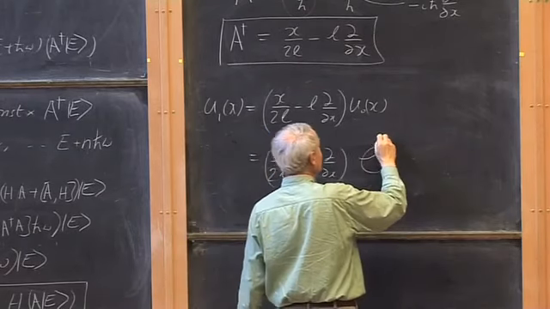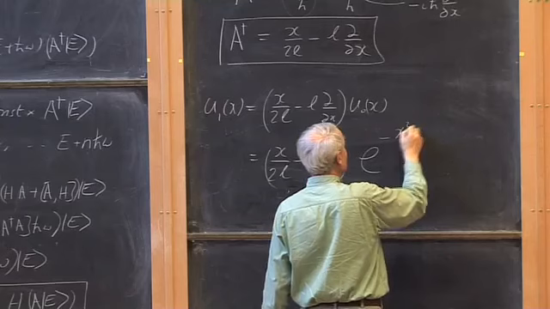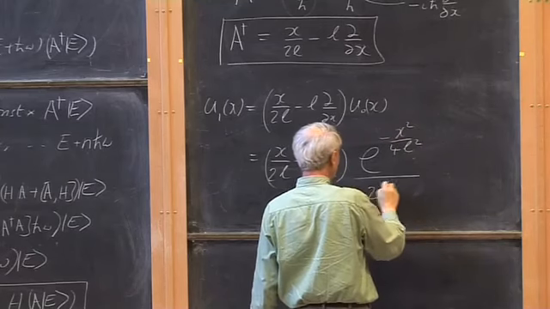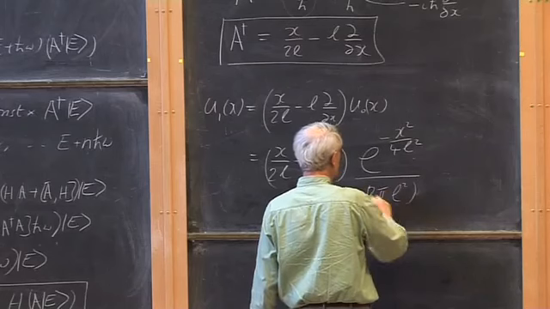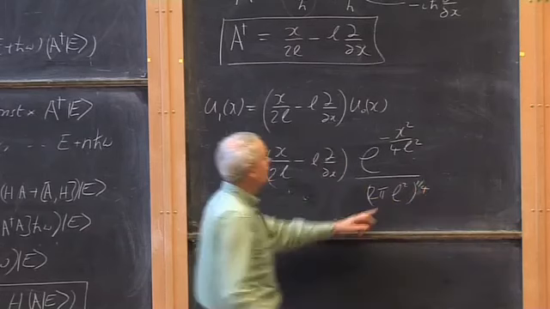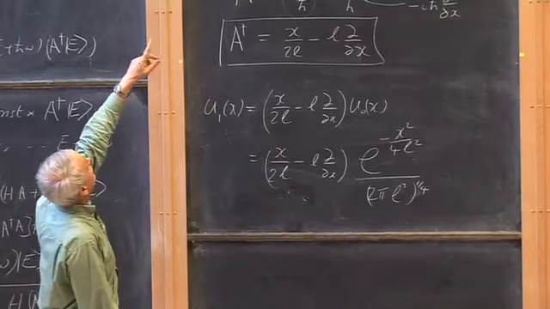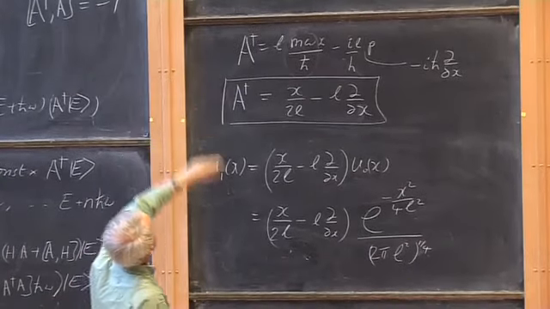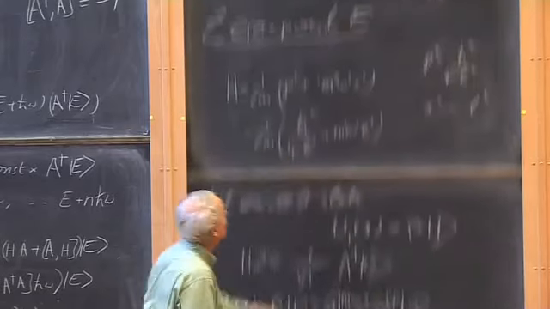Its business end is e to the minus x squared over 4L squared. And under here, I have to have a 2 pi L squared to the 1/4 power. This factor comes in because I said what the normalization constant was. So just to see where that comes from.